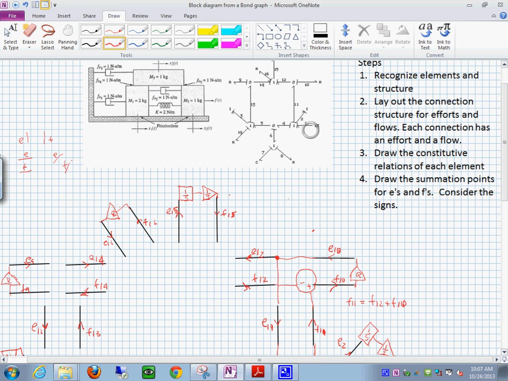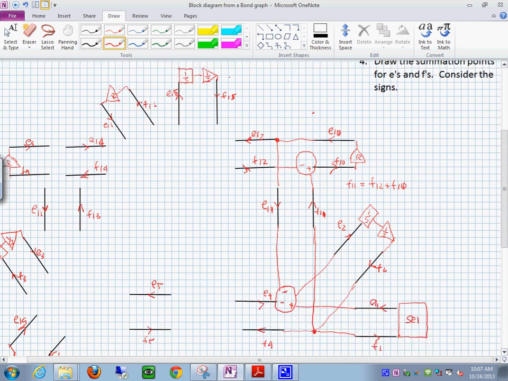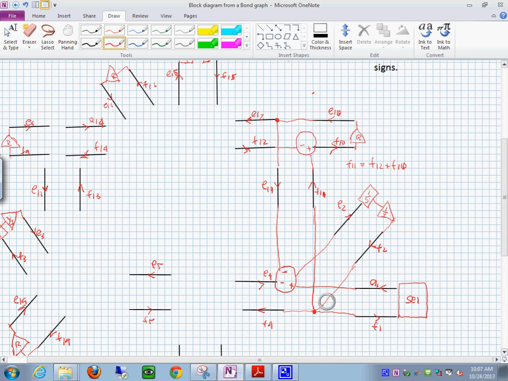E1 is equal to E2 plus E11 plus E4. But if you write it in terms of E2, because we need it over here, then it would be E1 minus E4 minus E11. Okay, so that's that one.